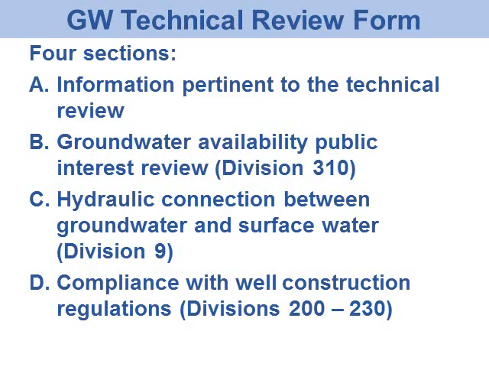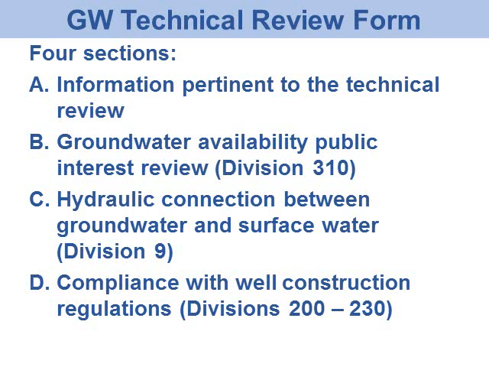So this form has four major sections. Section A is a place where we rewrite all the information pertinent to the technical review at hand and get everything in the same place in a concise format. Section B is where we address the groundwater availability portion of the public interest review.